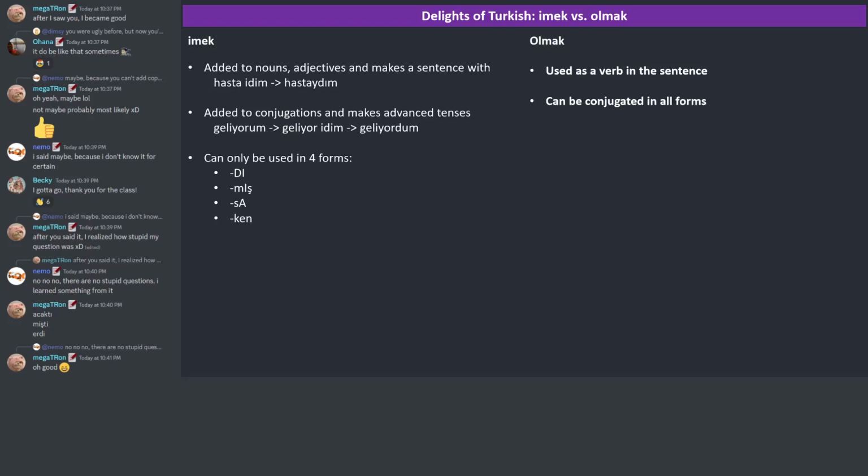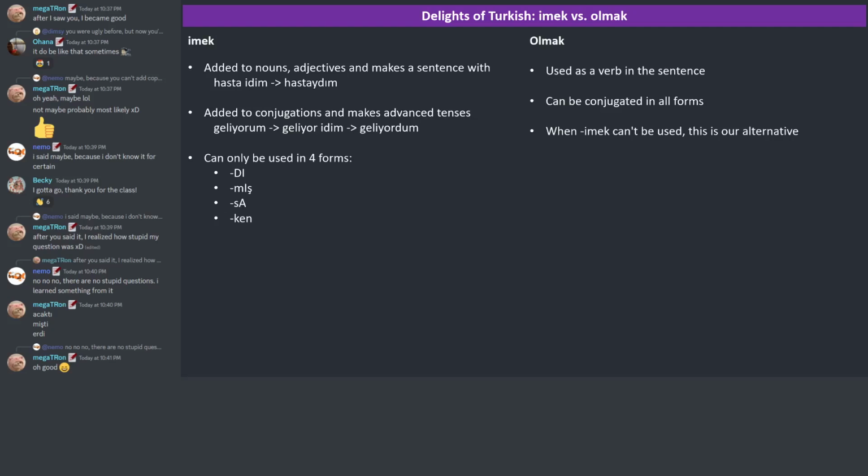And when imek can't be used, this is our alternative. The last point is important. With the advanced forms, that's what we will be using. Okay, so are there questions so far?